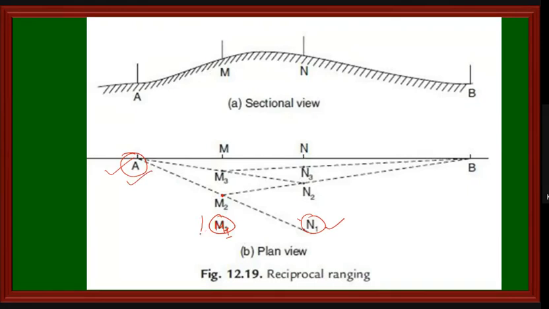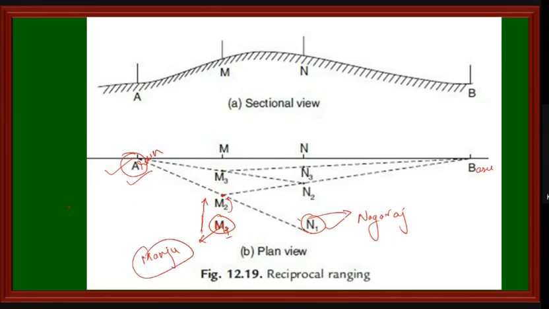So he will move towards this point. This M1 will take the second position. I will call him Manjunath, and here I will call him Nagaraj. This surveyor I will call Arun, and this person Basavaraj.